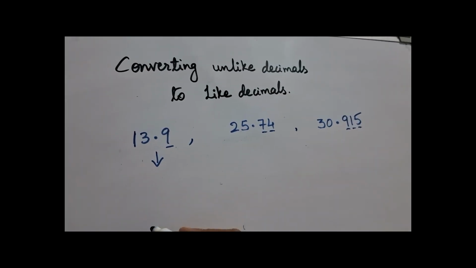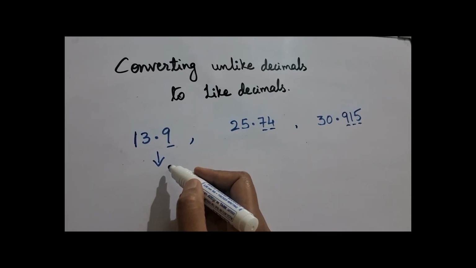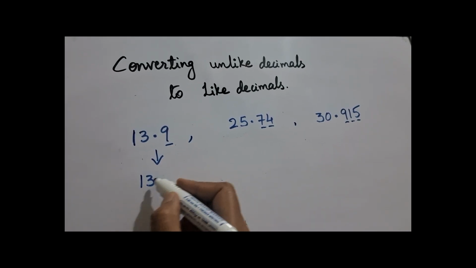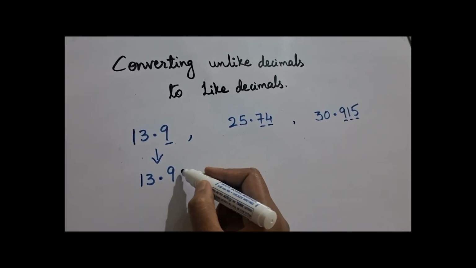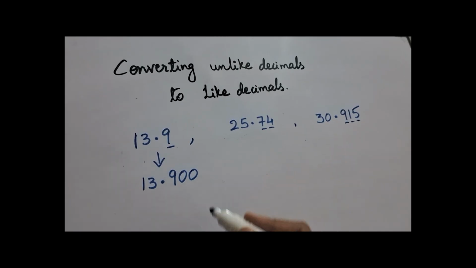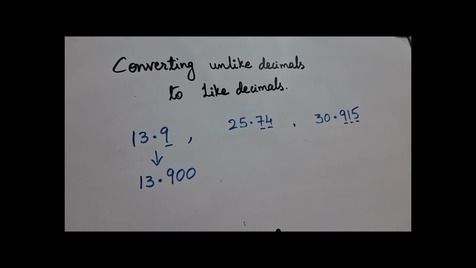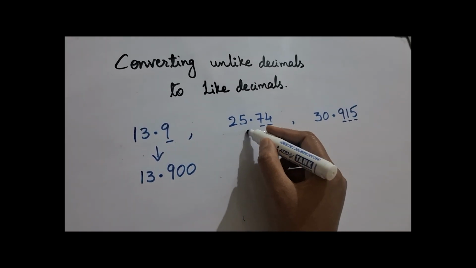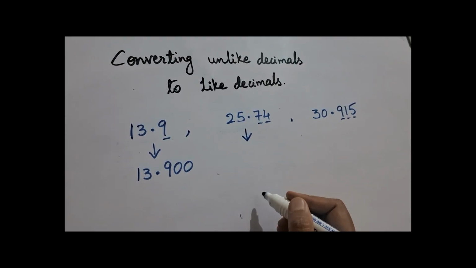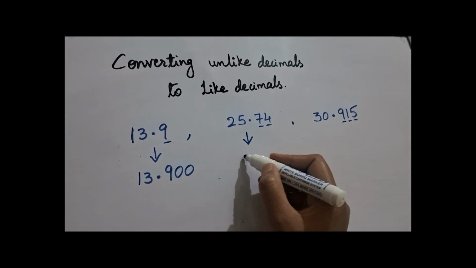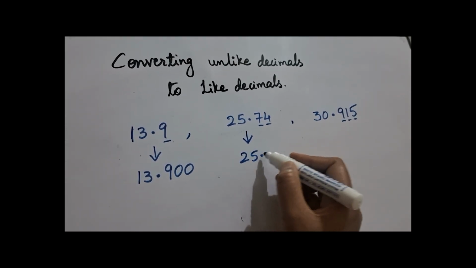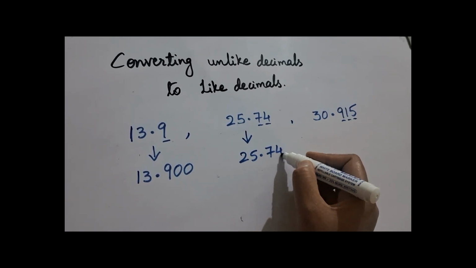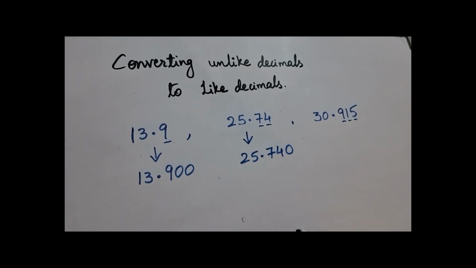13.9 can be written as its equivalent decimal 13.900, equivalent decimals. Now this one can be converted to equivalent decimal, that is 25.740. Okay.